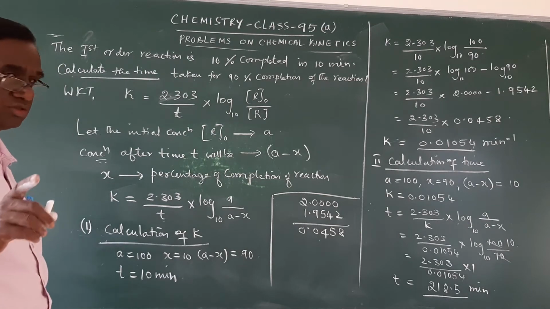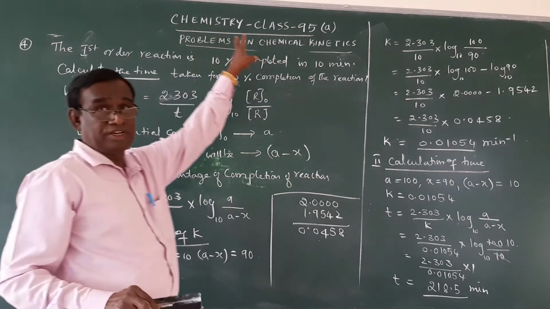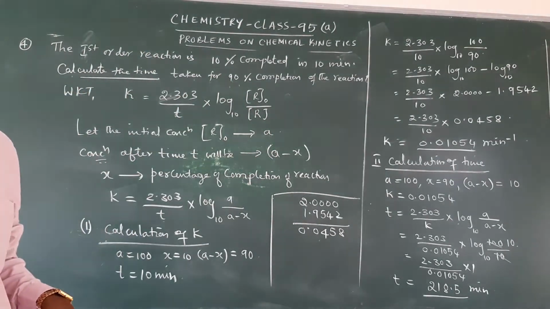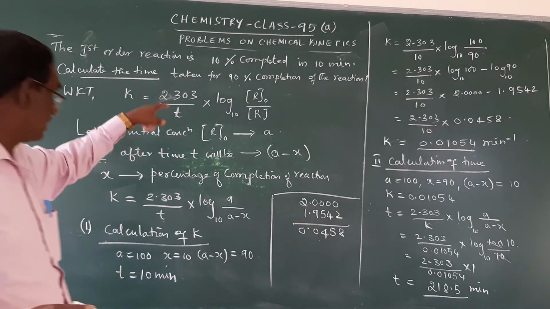So, you understood, I suppose, students. Here, the first order reaction is 10% completed. When the question is asked for 10%, 20%, 30%, 40%, 45%, 49.9%, you have to take x.